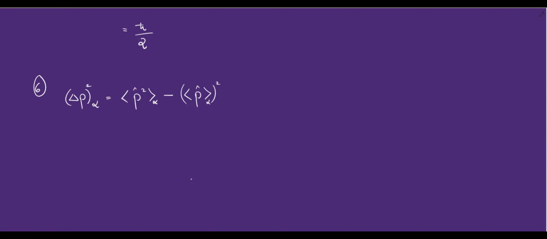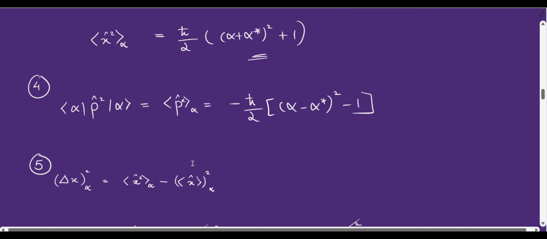So this is equal to minus h bar by 2 times alpha minus alpha star squared minus 1, let me just check, wait a minute.